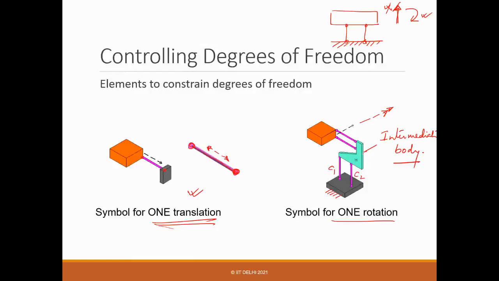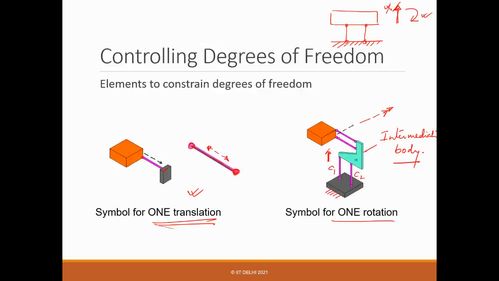With respect to the gray part, this blue, or cyan, or greenish blue part, the rotation as well as this translation is constrained. Now, if you want to just constrain the rotation, what do you do?